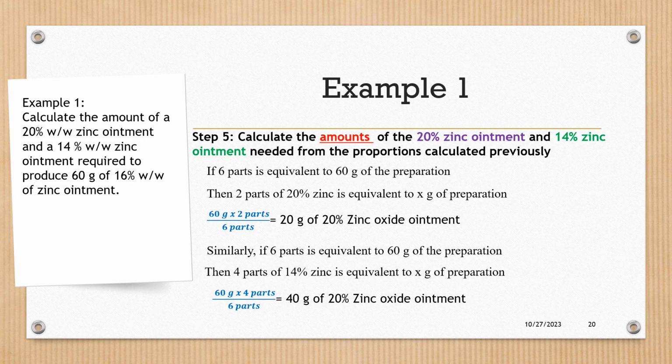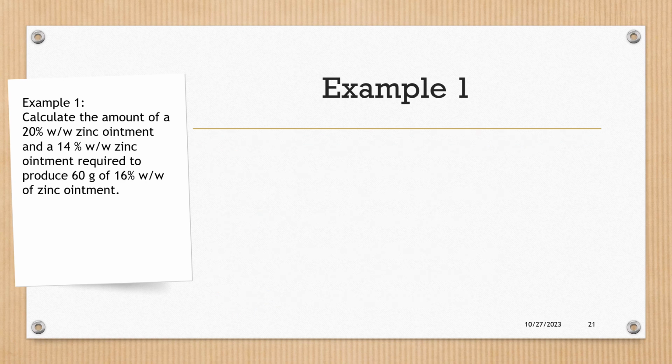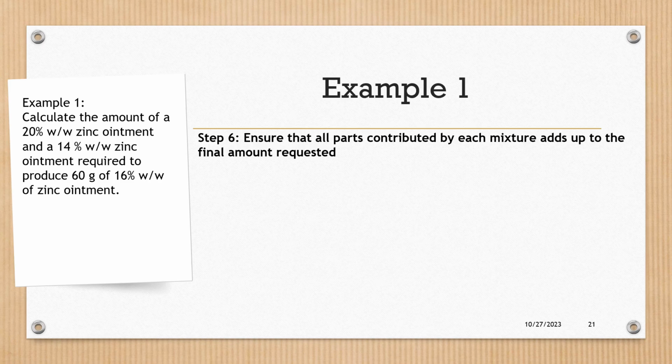So once you work those out, you should get 20 grams of your 20% and 40 grams of your 14%. So recall that we said your 6 parts is equivalent to your whole, which is 60 grams, and that is the product.